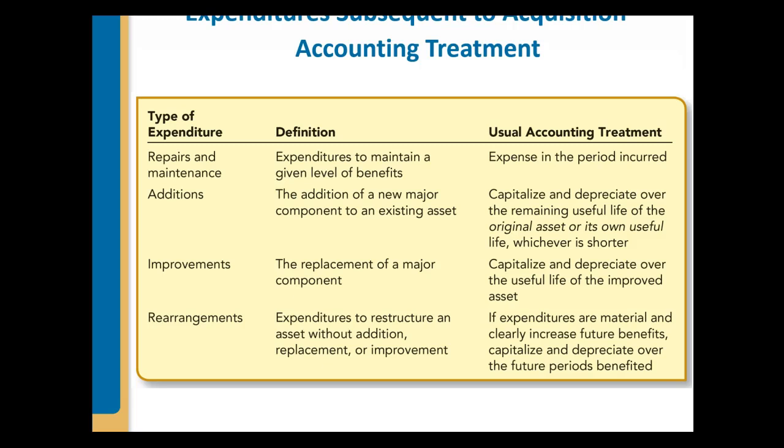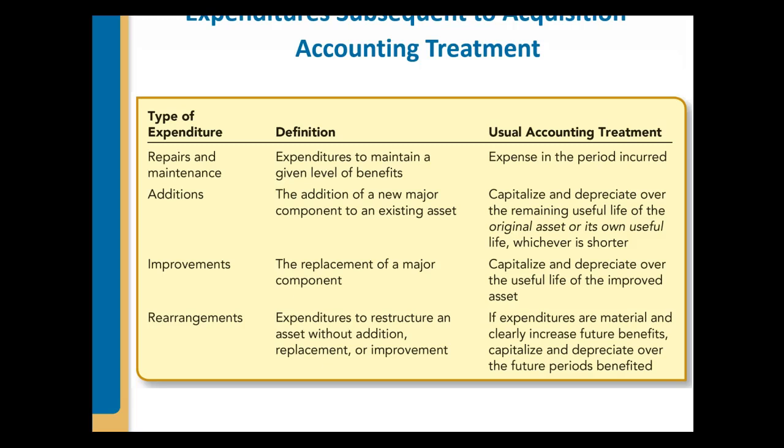An improvement is the replacement of a major component, and again they're capitalized over the useful life of the now improved asset. Then rearrangements are expenditures to restructure an asset without addition, replacement, or improvement.